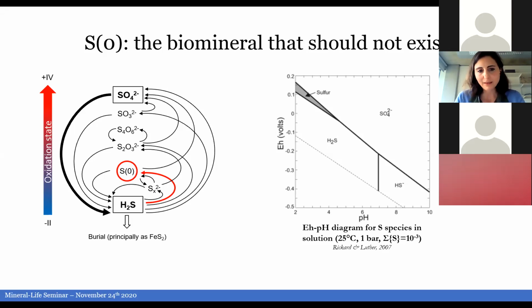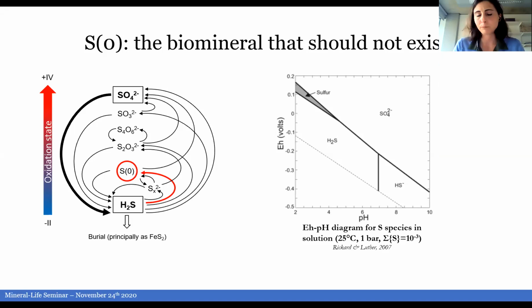And I like to describe elemental sulfur as the biomineral that should not exist. And this is for thermodynamical reasons. So here you see an Eh-pH diagram, so redox potential versus pH for sulfur species under the condition of the surface of the Earth, so 25 degrees C and 1 bar.